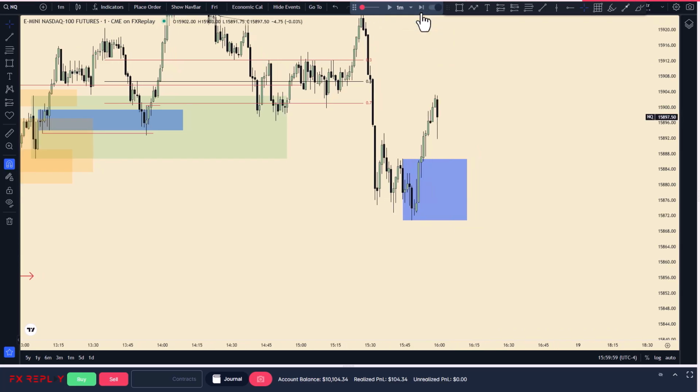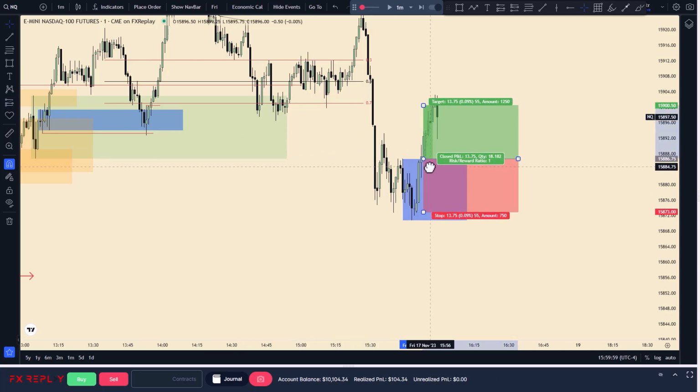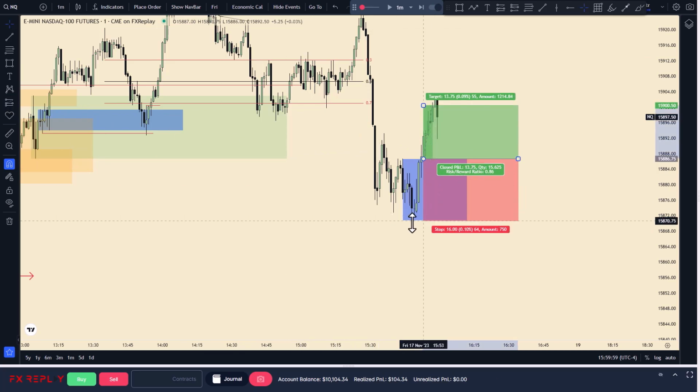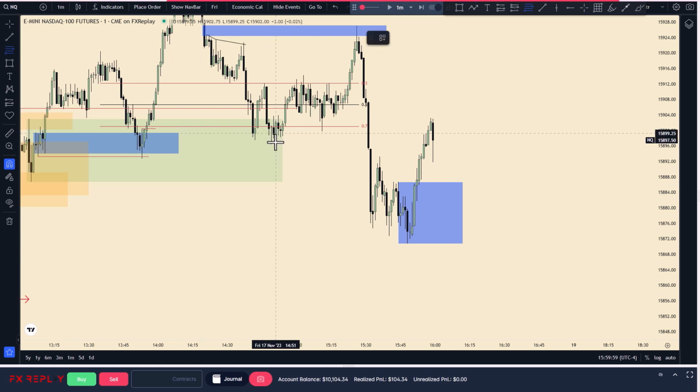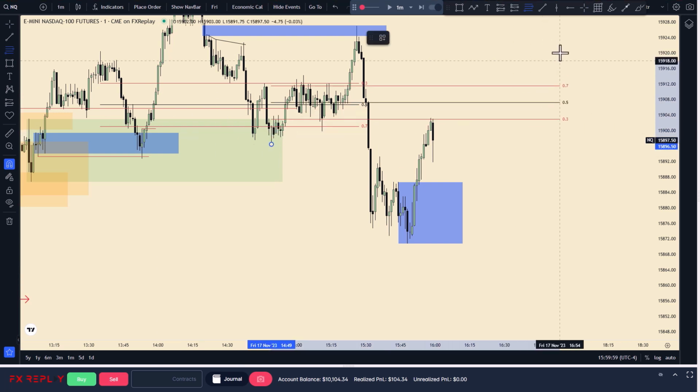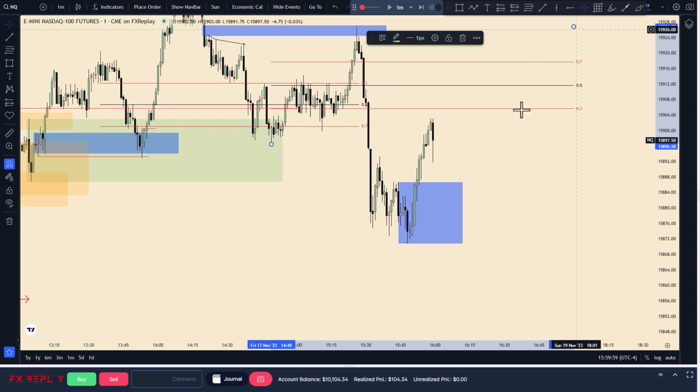Yeah, I missed that. So originally, it's gonna be something like this, and then taking 1R. Although we still didn't top the 50% or the 30% of the zone.